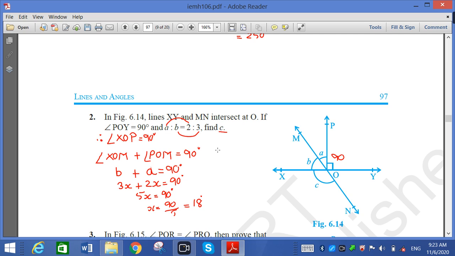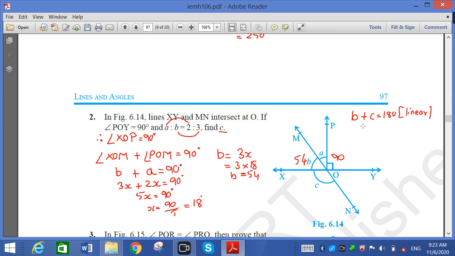Now we have to find out B. B is equal to 3x, that is 3 into 18, which is 54. So angle B is equal to 54. Now I have to find out C. Before we start, I write B plus C is equal to 180, in brackets linear pair.